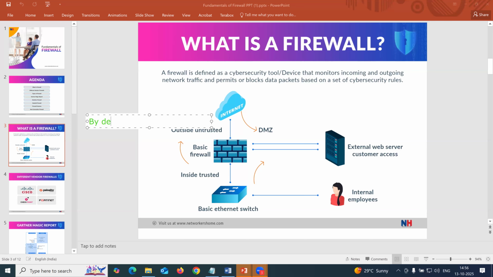By default, Checkpoint firewall is not a zone-based firewall.